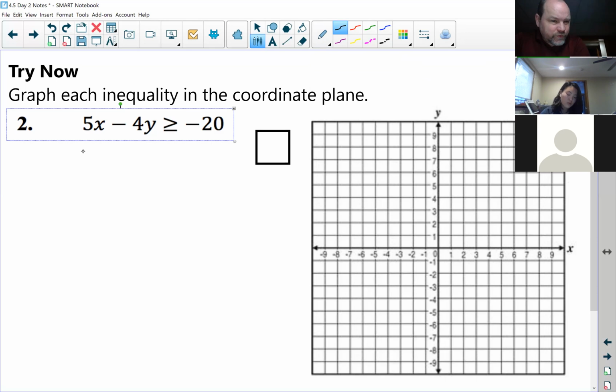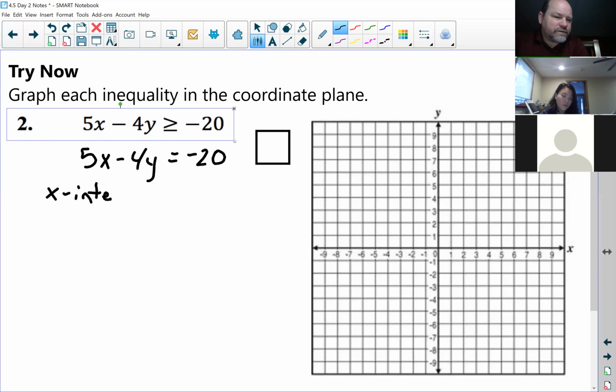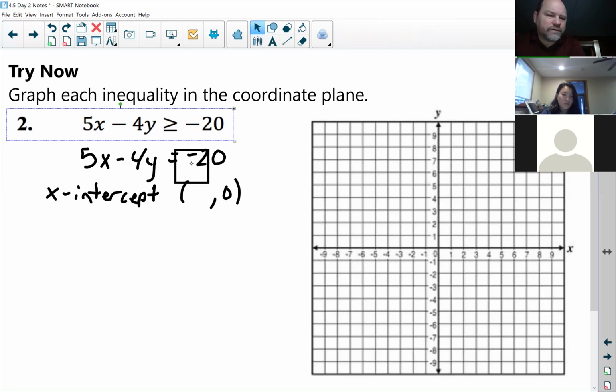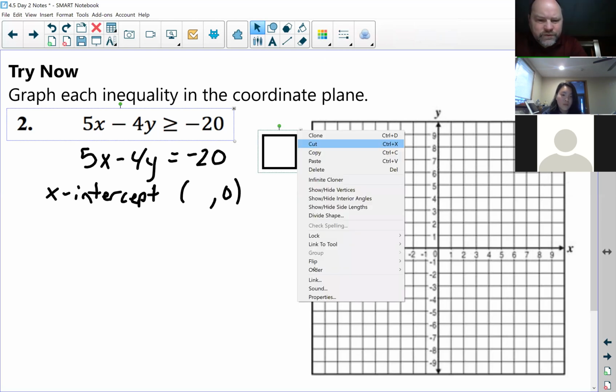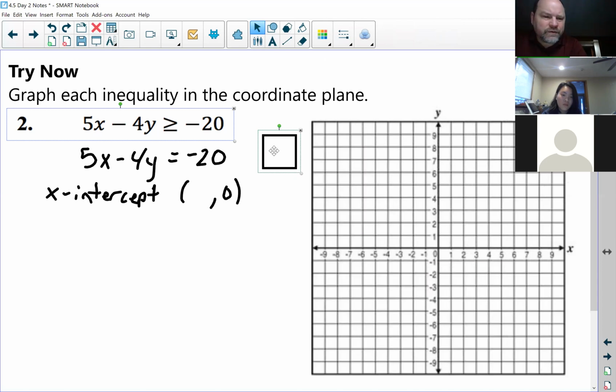So again, the cover-up method, I think of this as the related equation. Find my x-intercept by covering up the y.